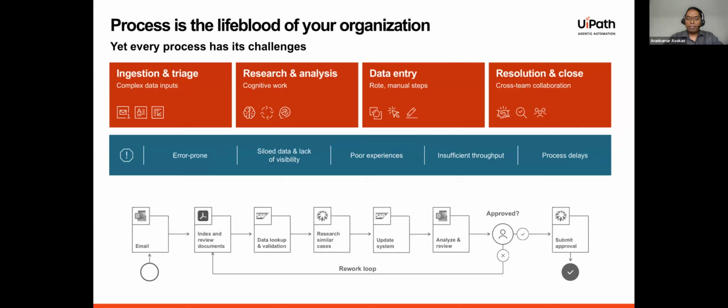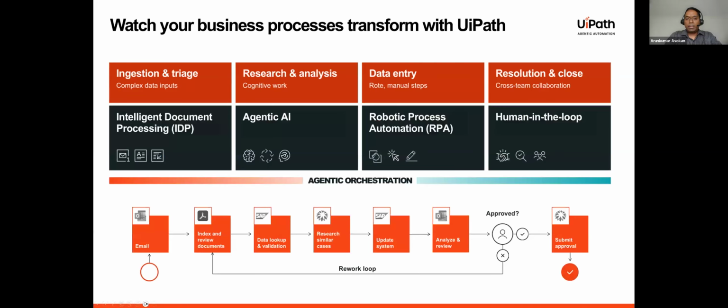With UiPath, we can completely revamp this experience. If we go to the next slide, that's exactly what it should show. All these manual steps can be automated with multiple UiPath products, which are now available as part of the agentic suite, right? Like email, there can be integration services which can talk to your Outlook integration, and from there all your documents can be ingested using our intelligent document processing.